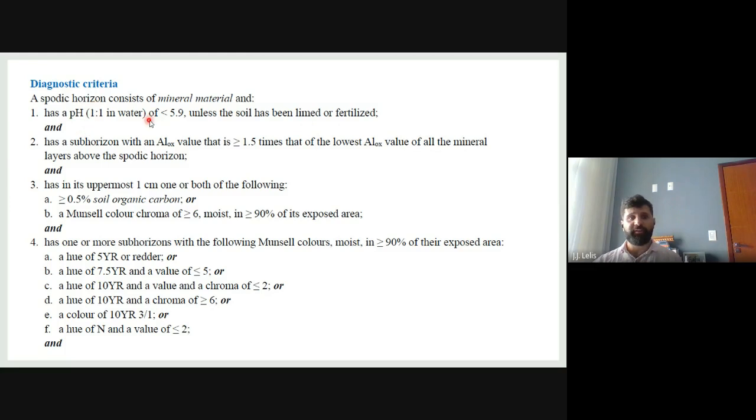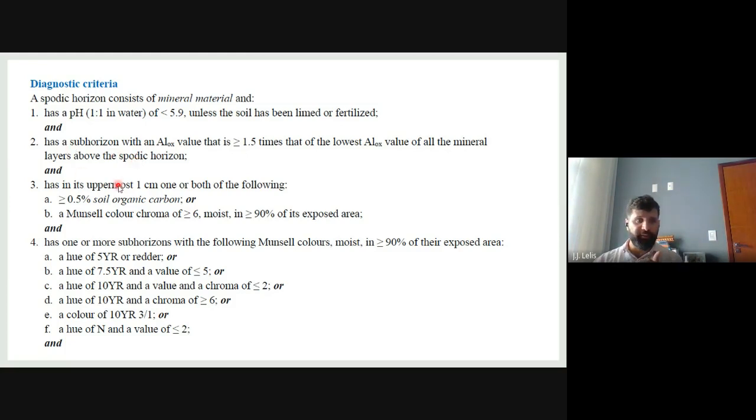We should present a high content of aluminum extractable by oxalate, which should be equal or higher, at least 1.5 times, than the material above this spodic horizon, okay?